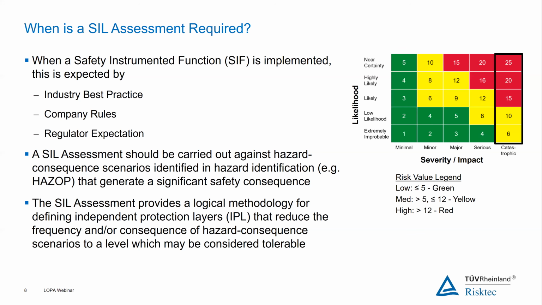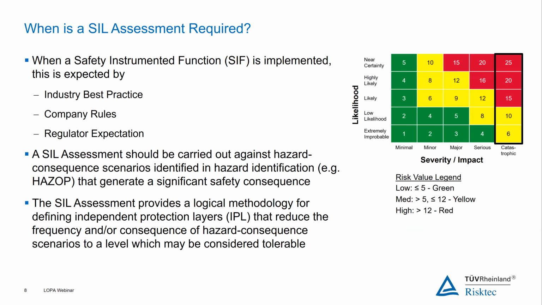Now, the other aspect to this is defining what is meant by a significant safety consequence. So often you'll find with LOPA that the consequence in and of itself, in terms of the ranking, will drive what is LOPA'd, but it may also be with regards to the overall risk ranking. You can see in this one, we've highlighted the catastrophic consequence in a bold box there. Maybe we say anything that falls under catastrophic, we're going to carry out a SIL assessment against.